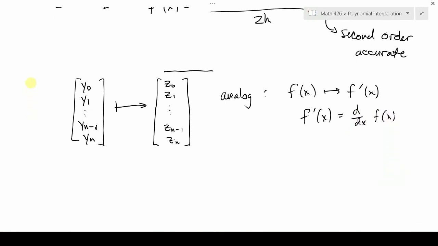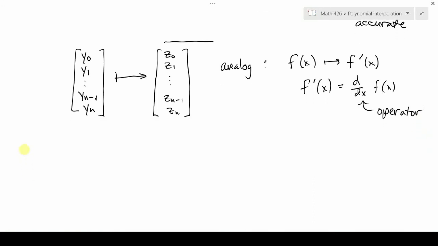Now, one way of interpreting this equation is that the derivative is what we call an operator, which is a function on functions. It's a way of mapping one function to another function. But what's important to us is that it's a linear operator, right? Derivative of a sum is the sum of the derivatives. The derivative of a times f is a times the derivative of f, if a is a scalar, a constant, sorry.